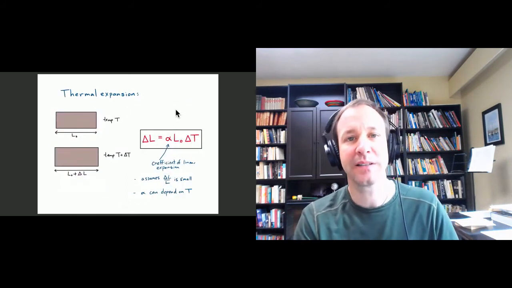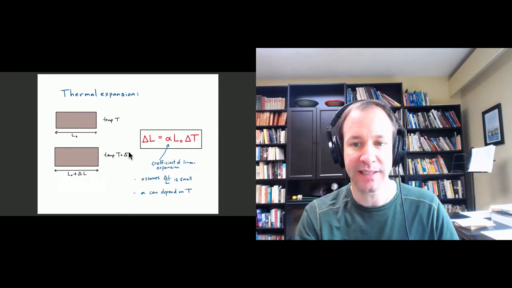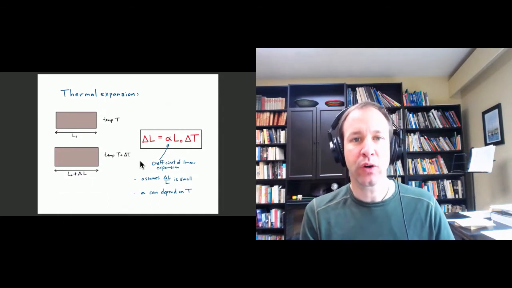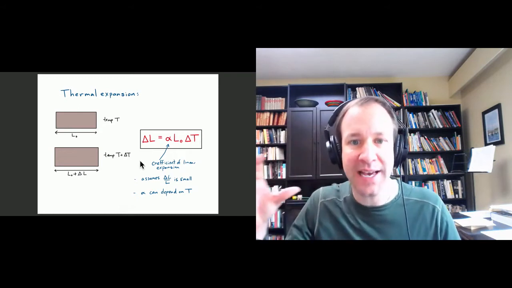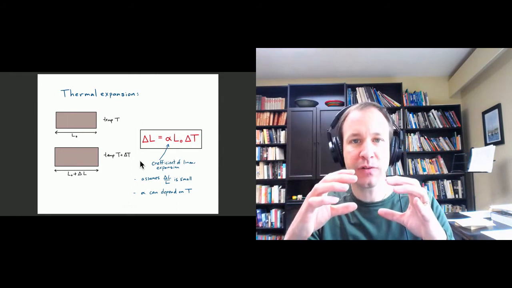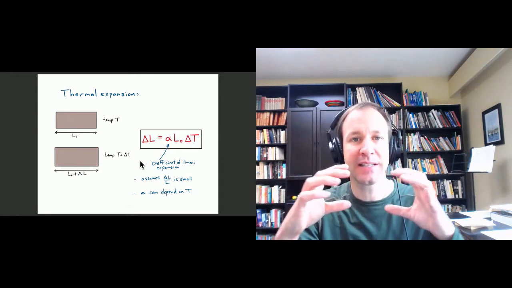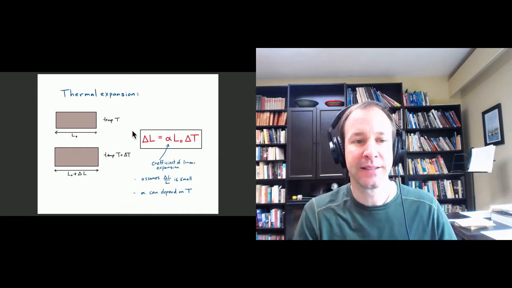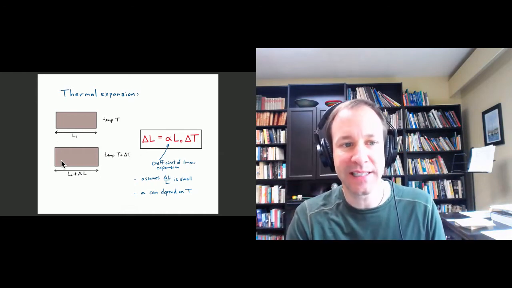Okay, so I want to spend a little bit of time talking about the formula that you read about. The basic physics we're going to talk more about next time as to why this happens. But what happens when you have a solid and you increase the temperature, then typically the solid expands. It expands in all dimensions. And right now we're just focusing on the linear expansion.